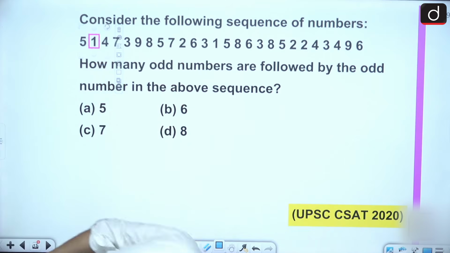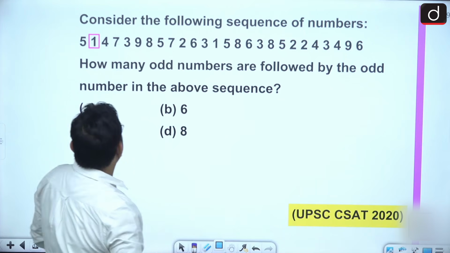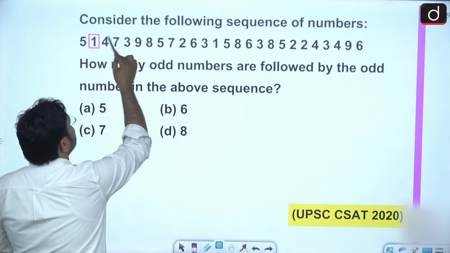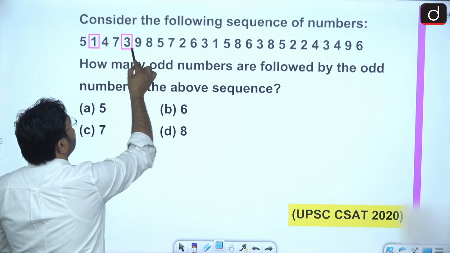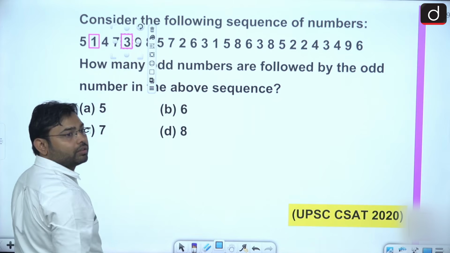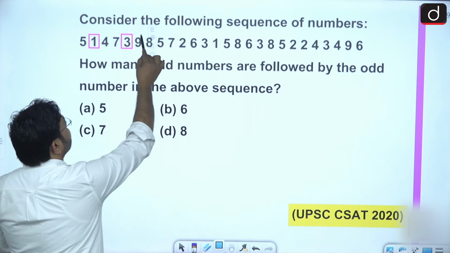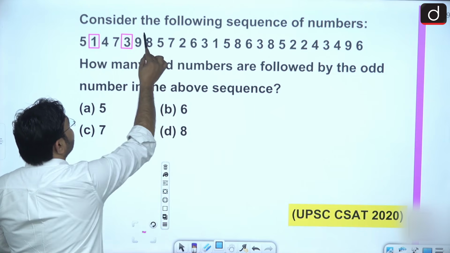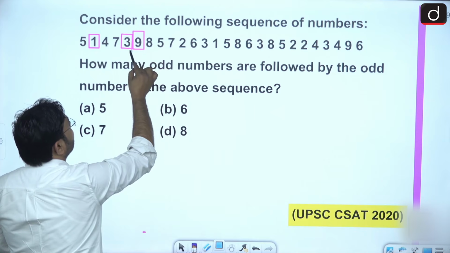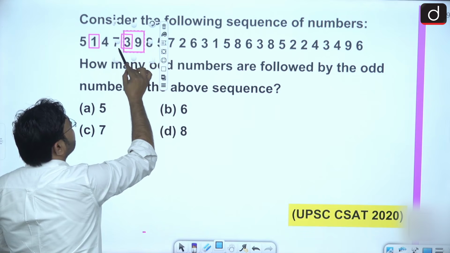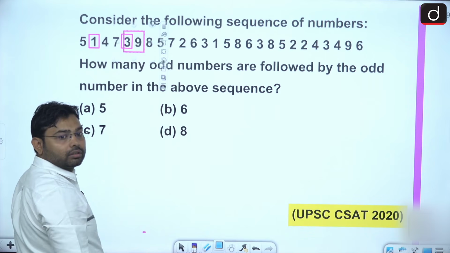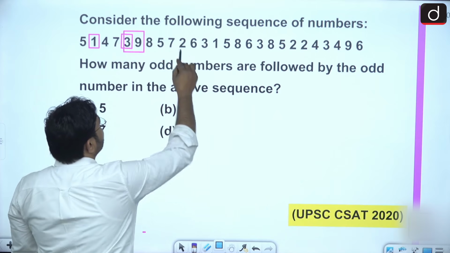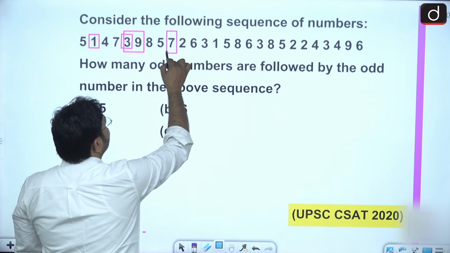Then next one. Next one is 7 and 3. 3 is odd and followed by 7, also odd. Then 9. 9 is also odd and followed by 3. Put this one. Next, 7 is odd and followed by 5.